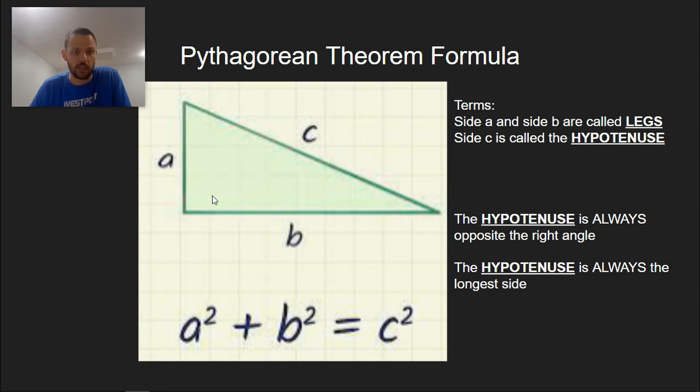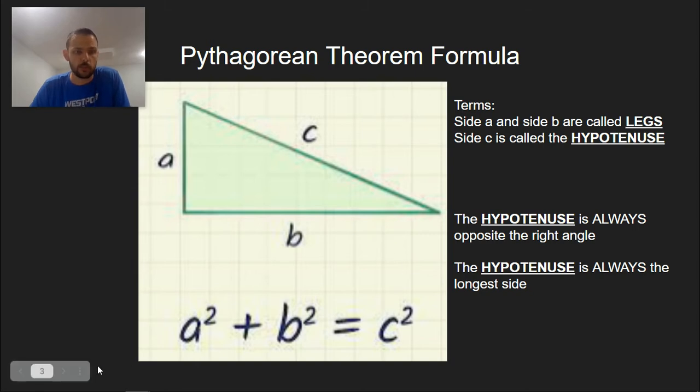If it's opposite the 90-degree angle, it is the longest side. You may have noticed in the past, if you have a triangle, the side opposite the biggest angle is always the biggest side. The 90-degree angle is always going to be the biggest. We know that the 3 angles have to add up to 180. We learned that back in the fall. So we know that C has to be the longest side.